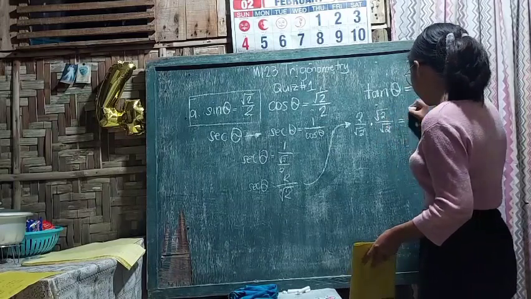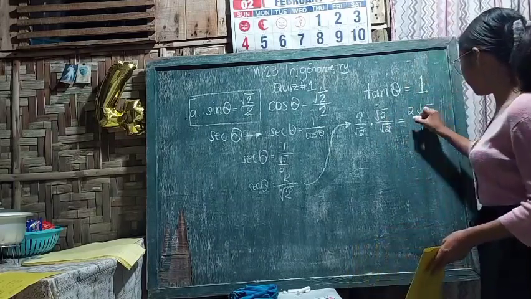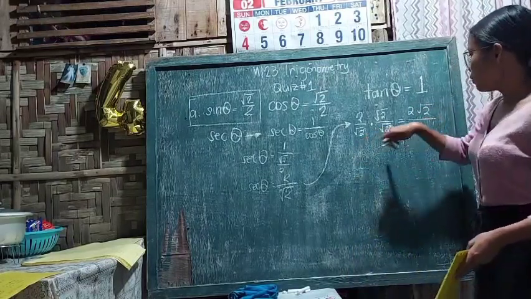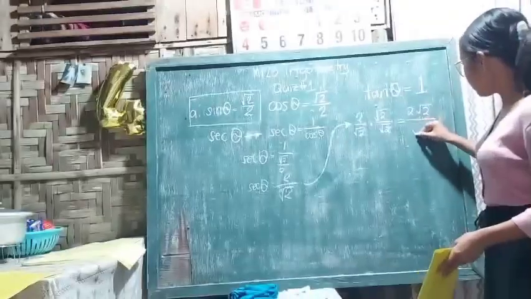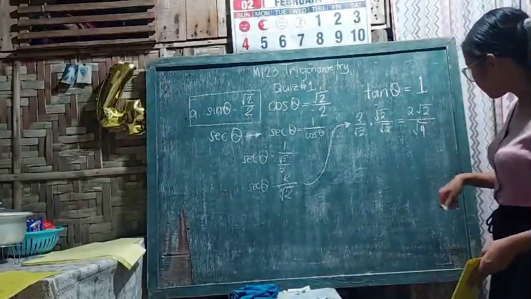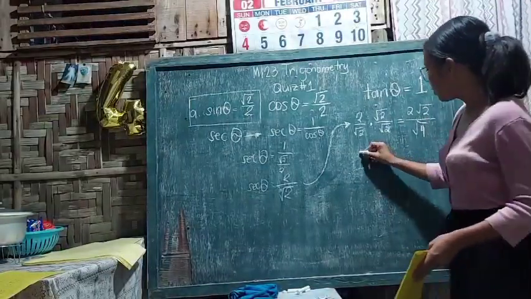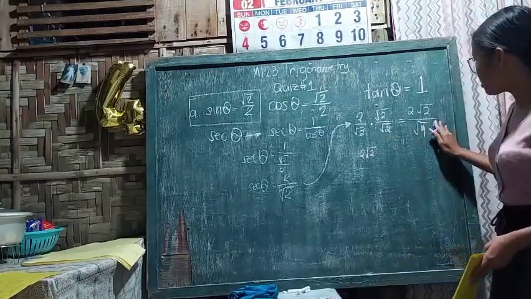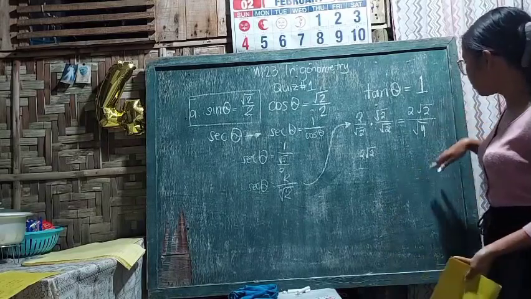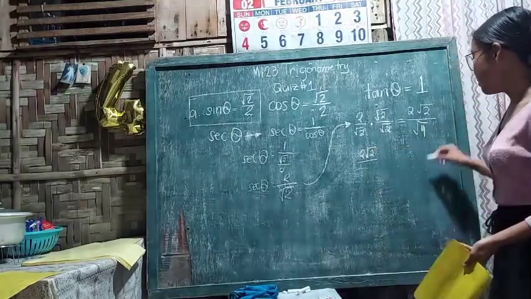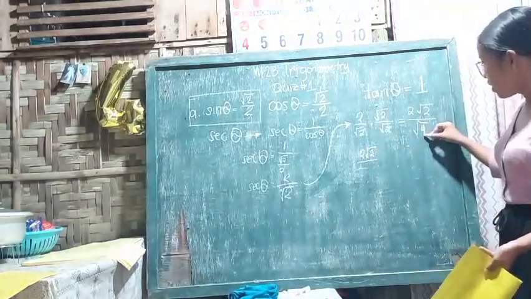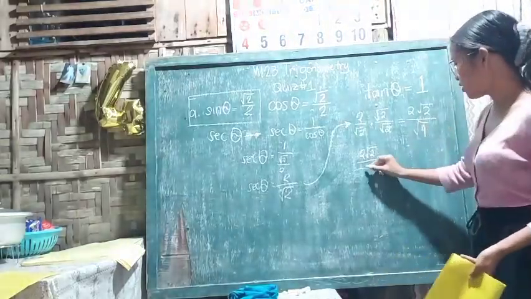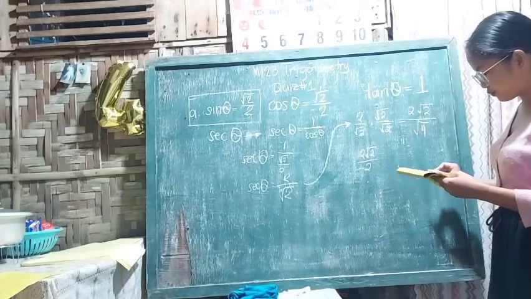It's going to become 2 square root of 2 over square root of 2 times square root of 2, which is square root of 4. After this, we're going to copy 2 square root of 2, and square root of 4 is a perfect square, so square root of 4 is equal to 2.